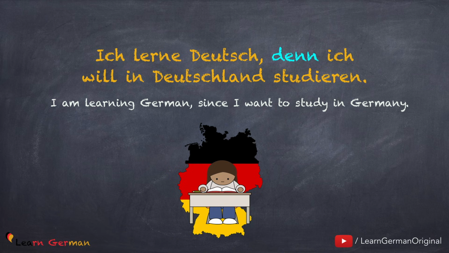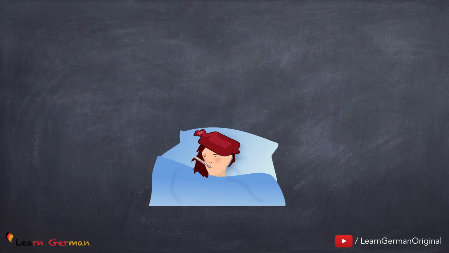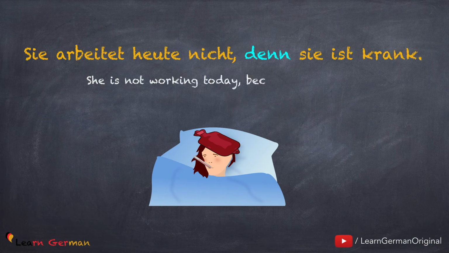Don't forget that the position of conjunction here is in the zeroth position. And just like aber and sondern, the conjunction denn also uses a comma before it. Another example is Sie arbeitet heute nicht, denn sie ist krank.